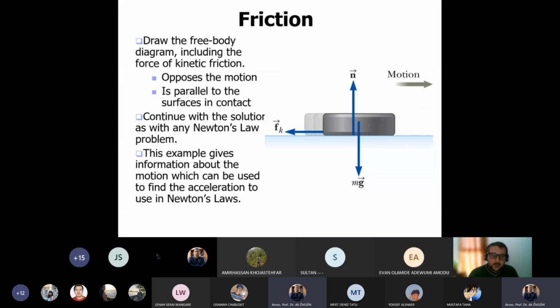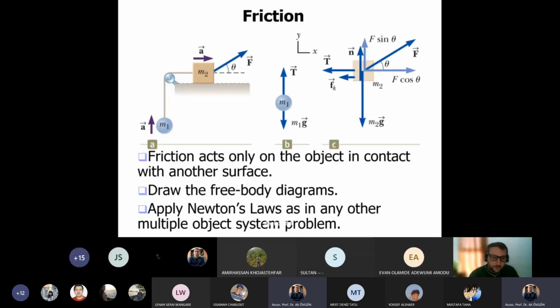And for the friction questions, which I mentioned before, you must always remember that the friction force is opposite to the motion and parallel to the surface in contact. Then you must use Newton's law, draw the free body diagram, and solve the questions. Friction acts only on objects in contact with another surface.